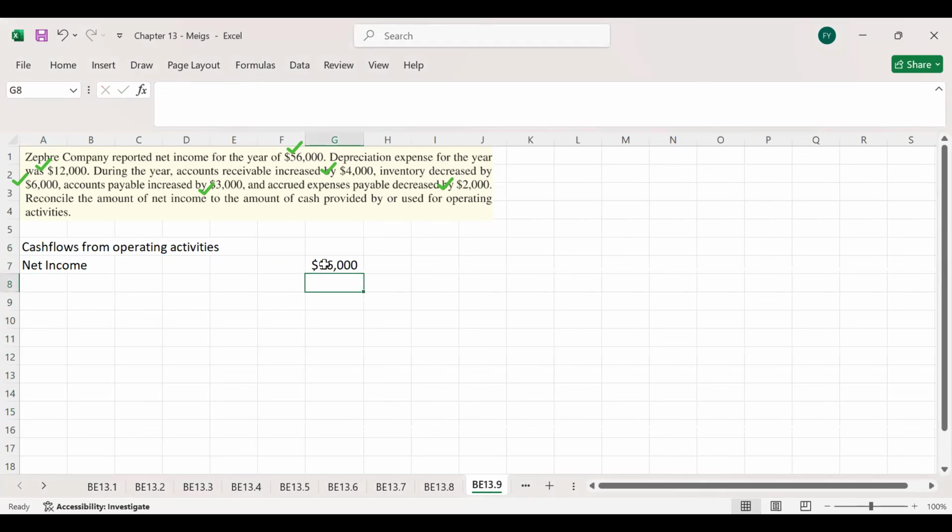Then we add back any depreciation. So depreciation is the first of the adjustments to reconcile profit or income to net cash from operations.